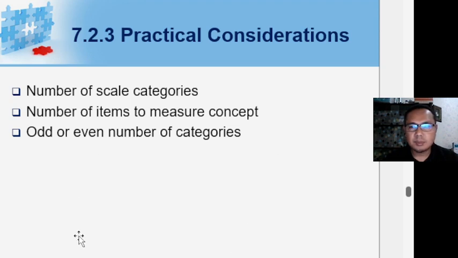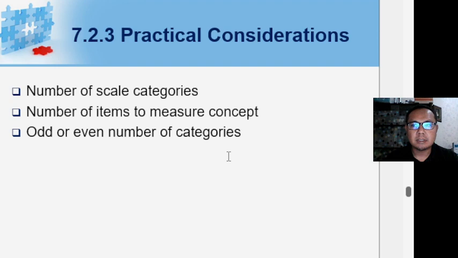A few points we have to make sure of so that our measurement is practical. We have to consider the number of scale categories, the number of items to measure a concept, and odd or even number of categories.